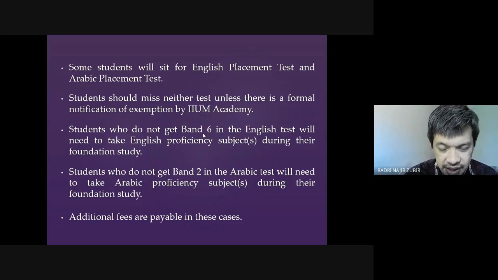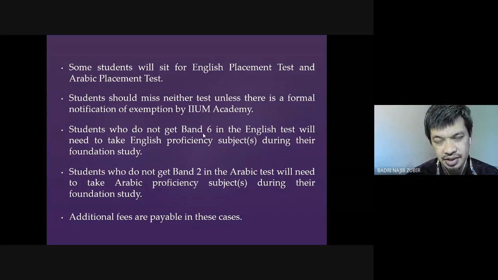But if you get lower than 6, for example band 5 or band 4, it means that you will have to take English subjects during your foundation study. So if you have, let's say, 10 subjects to study, and you get band 5 only, one more course will be added, so 10 plus 1 becomes 11, and the 11th one will be the English subject.